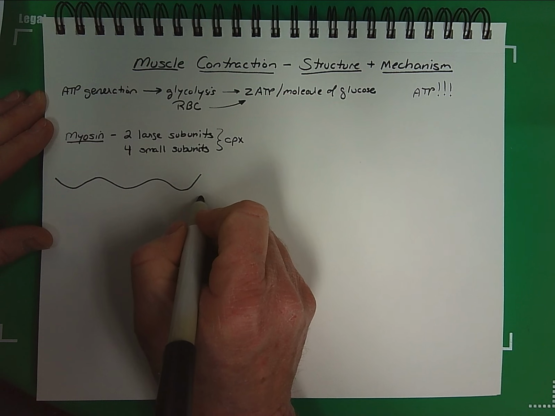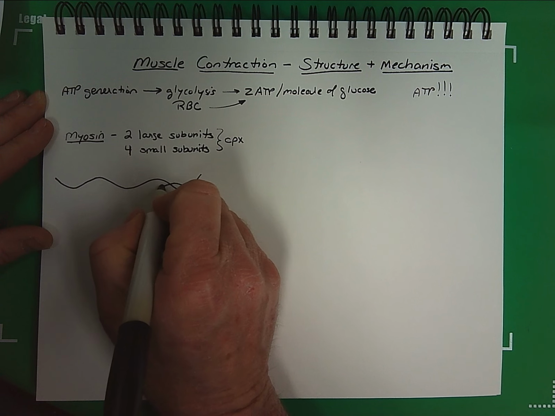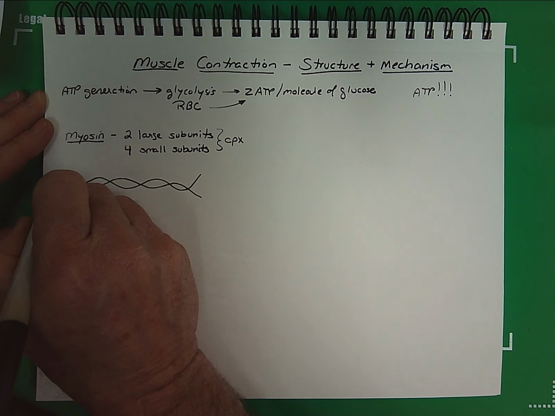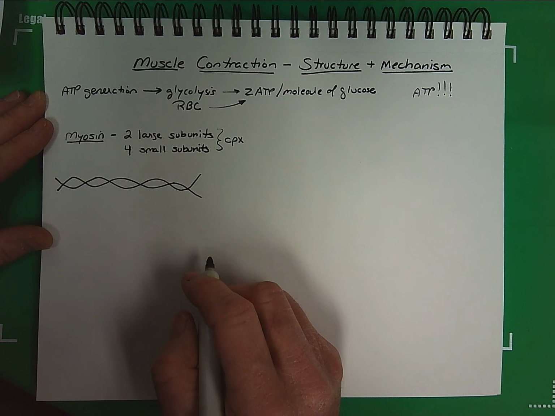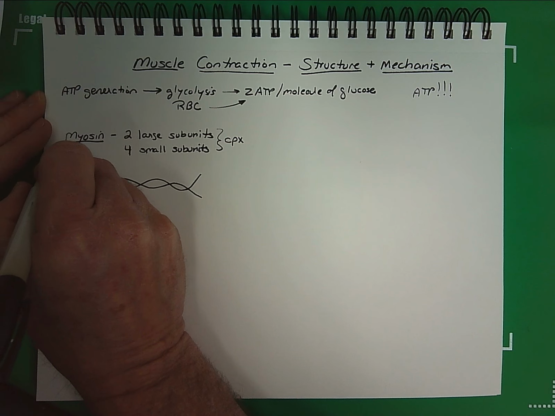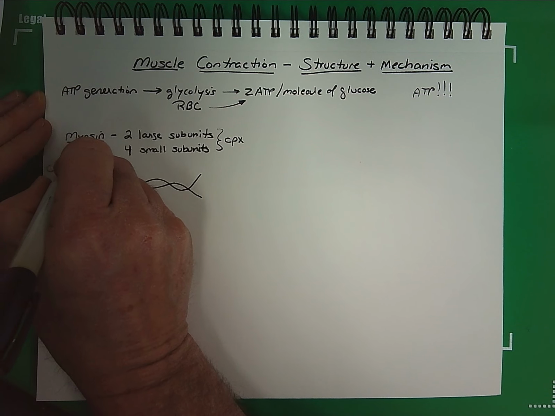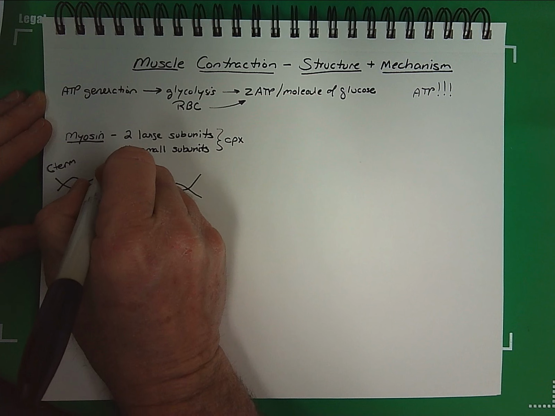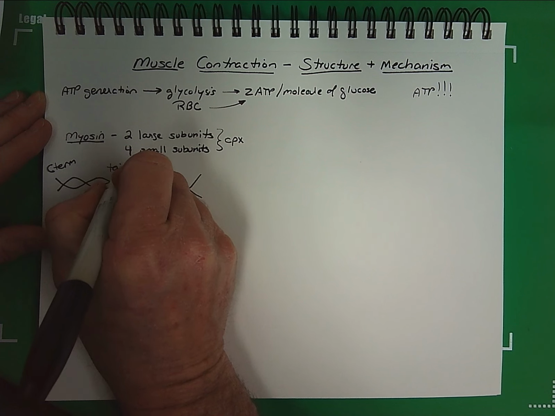The next subunit will be coiled around the first subunit. So this portion of myosin represents the C-terminal portion of the large polypeptide subunits, and this is called the tail of myosin.